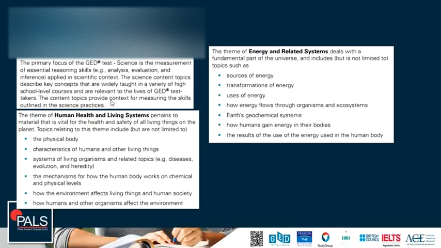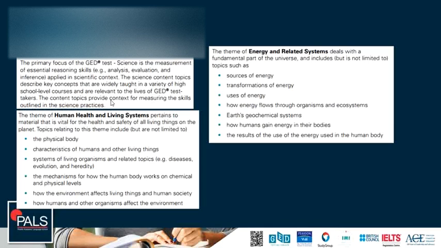Topics relating to this theme include, but are not limited to, the human body, characteristics of humans and other living things, systems of living organisms and related topics like diseases, evolution and heredity and ecosystems, the mechanisms for how the human body works on chemical and physical levels, organ systems, and how the environment affects living things and human society. Ecosystems are integrated with human influences on ecosystems, and how humans and other organisms affect the environment.